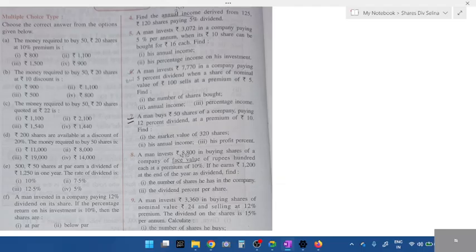Let me know if you all have done. Discuss the answer, seventh one.